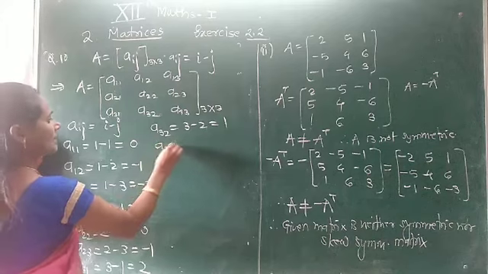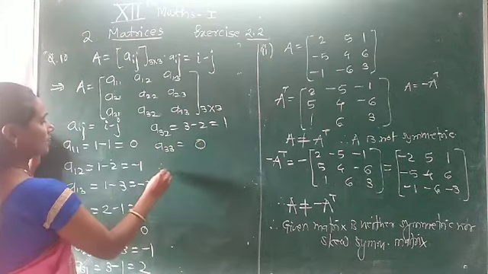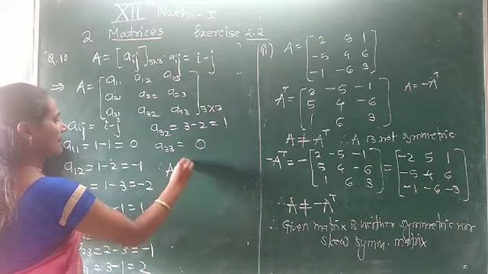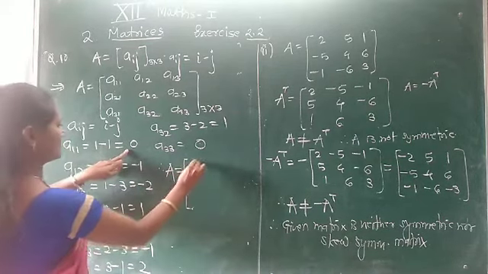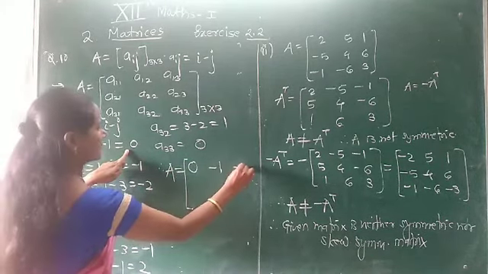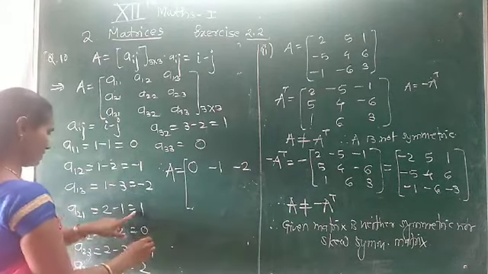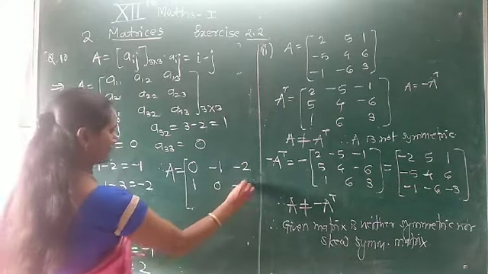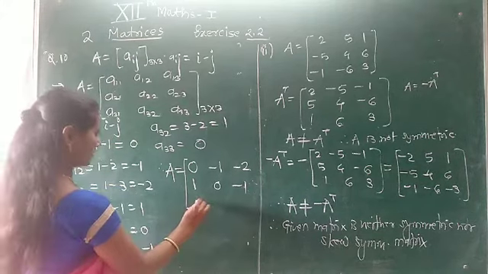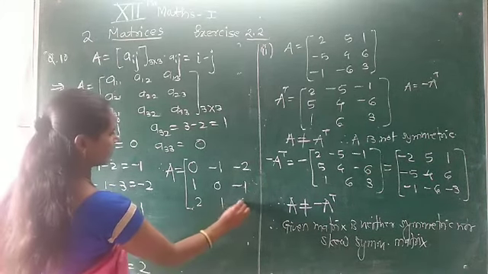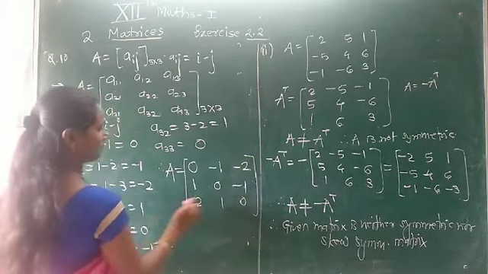And A33 is equal to 0. Therefore, we write our matrix A. First 0, minus 1, minus 2. Next 1, 0, minus 1. Next 2, 1 and 0.